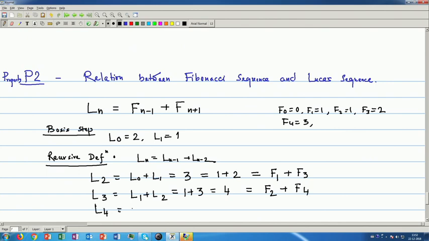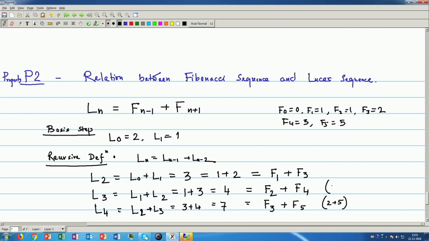If I continue in this way, L 4 is L 2 plus L 3, and this is 3 plus 4, this is 7, and I can write that this is f 3 plus f 5, that is 2 plus 5.